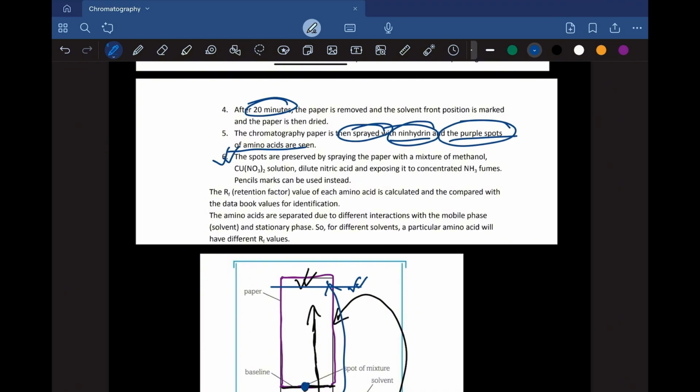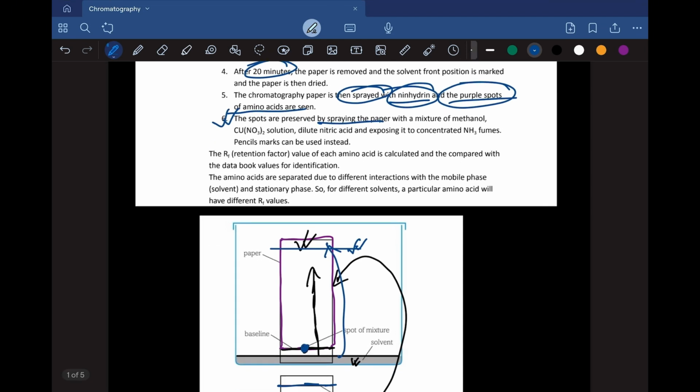And at the sixth point, as I have said, to make this component of spots permanent, or to preserve them, we will be spraying this whole paper with a mixture of methanol, or this solution, or dilute nitric acid, or we may expose it to concentrated ammonium fumes.